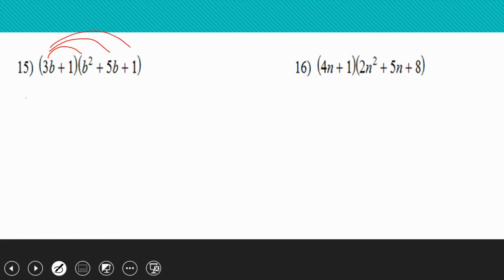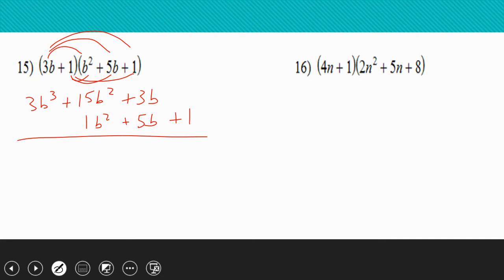You multiply it, 3b to the third plus 15b squared plus 3b, and then you got to multiply this one, and you just line up the terms. So that way you're combining your like terms along this diagonal.